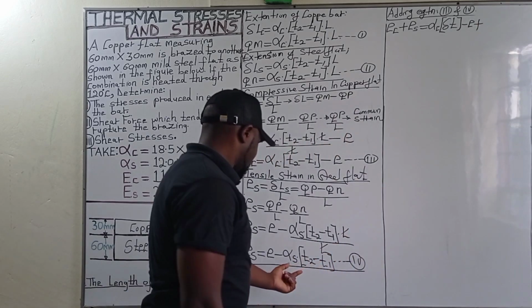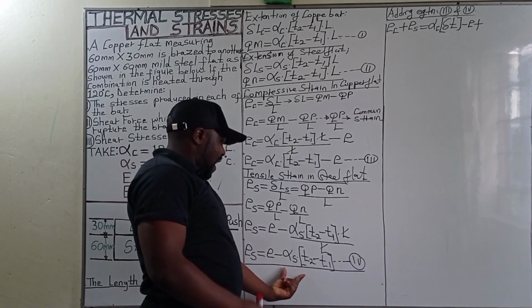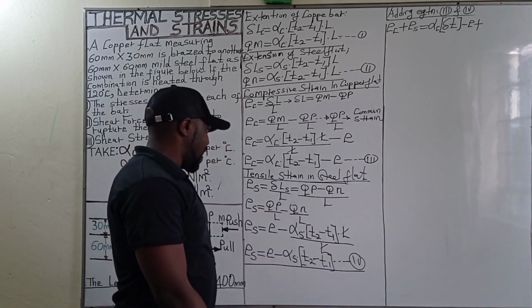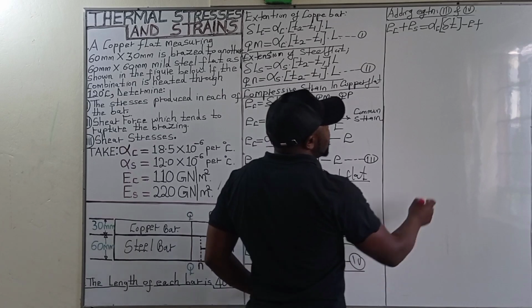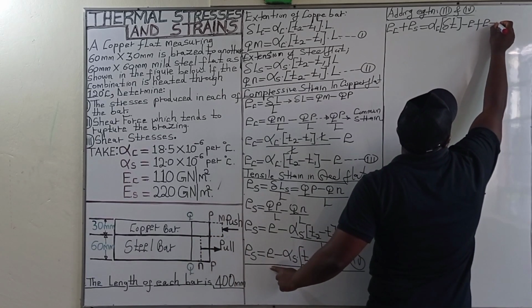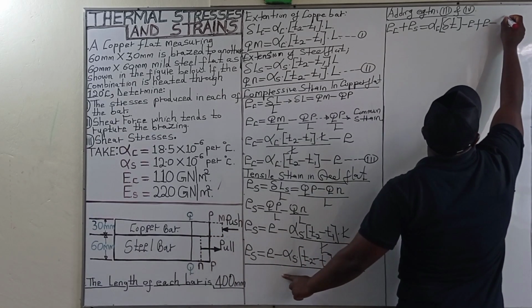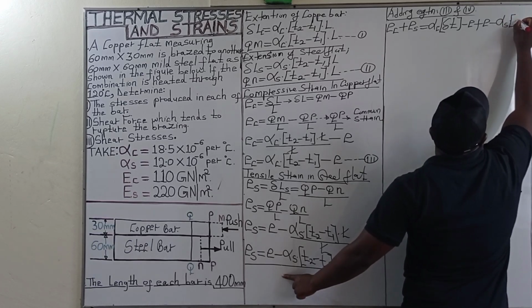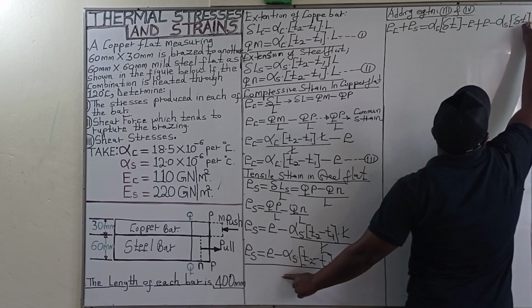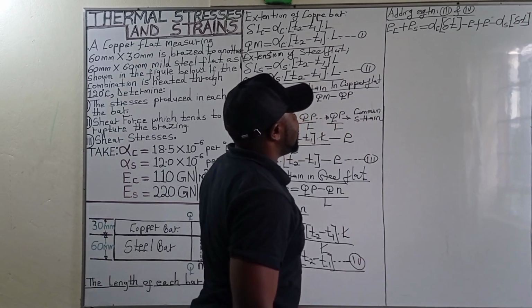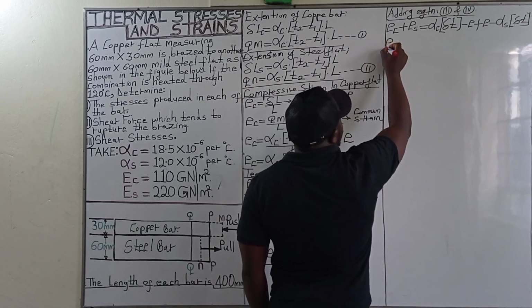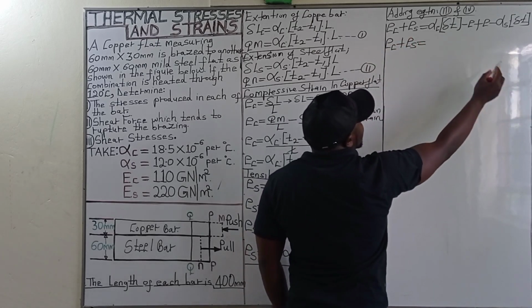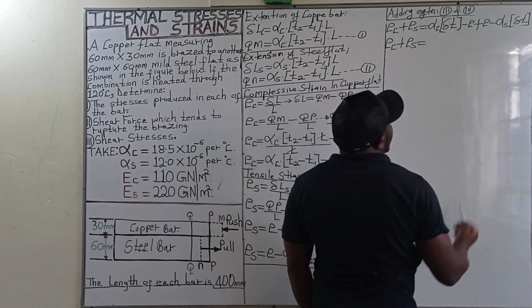We add it to this equation on the right hand side of the tensile strain formula of the steel flat. So this is going to be E minus the coefficient multiplied by the change in temperature. Therefore, this will lead us to EC plus ES being equal to minus E plus E, that is 0.